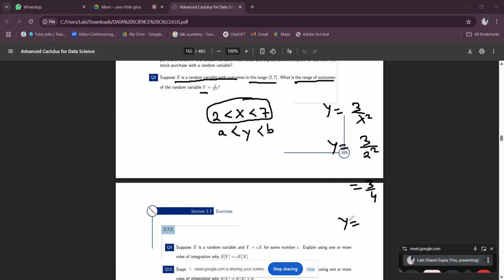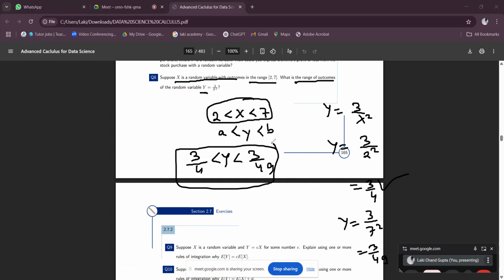And upper range is 7. Okay, so lower range is 3/4 and upper range is 3/4. This is very simple, right?